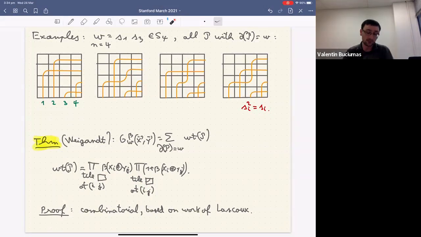Okay, and the proof is combinatorial and somehow involved, and it's based on some work of Lascaux. And what we can do, and what I'll try to explain next, is how to reinterpret this problem in the language of lattice models and how to give a very easy proof once you have the lattice model.